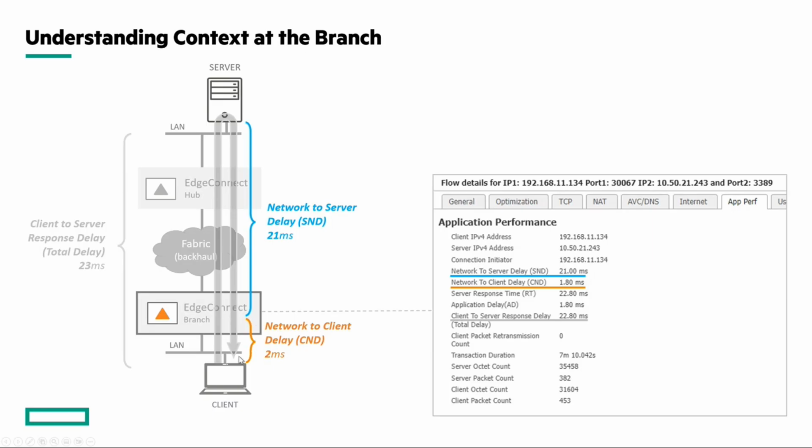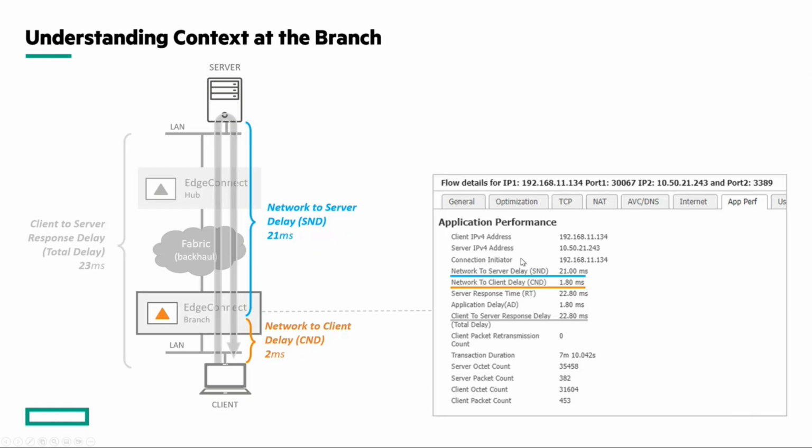It's like 2 milliseconds. It's because it's a physical connection. It should be in the range of like 1 millisecond, almost unmeasurable. The WAN side is the majority of the consumption here. So we've got the network to server delay of 21 milliseconds. The total delay is the network to server plus the network to client. This is the whole thing, 23. We get 21 for server and 2 for client.